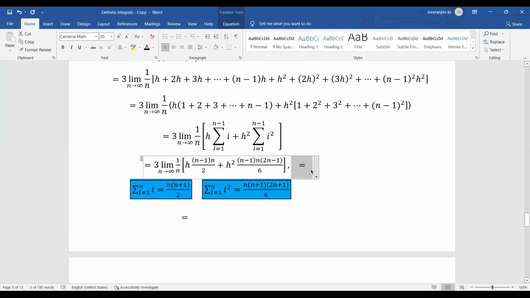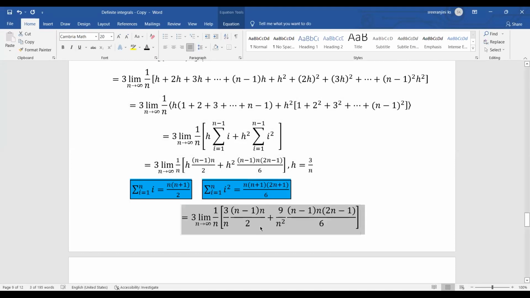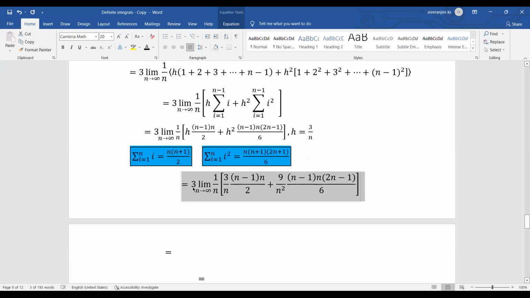And what is h value? h is equal to (4 minus 1) by n, that is 3 by n. Now in this, we are going to replace h by 3 by n. So 3 into limit n tends to infinity 1 by n, h is 3 by n.